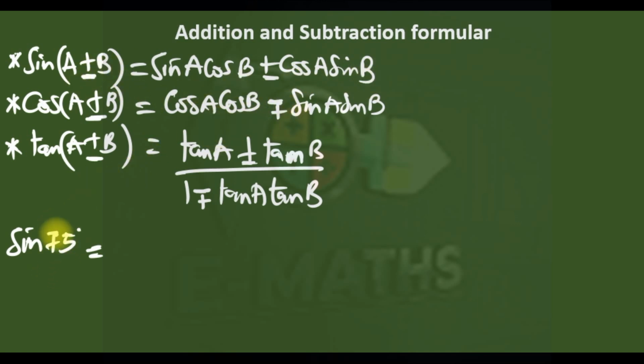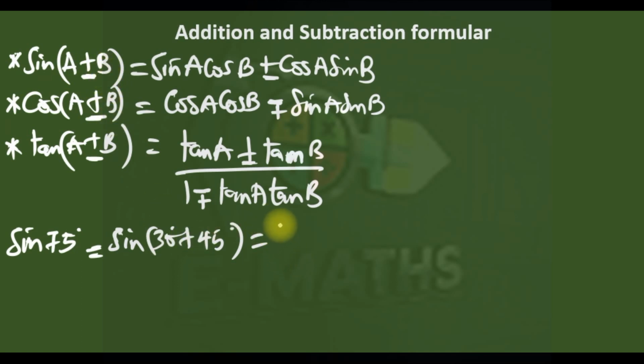You find two special angles that will combine to give 75, either by addition or subtraction. I'll prefer 45 and 30. So 75 is 30 plus 45, and we can now use this. My A is 30 and my B is 45.